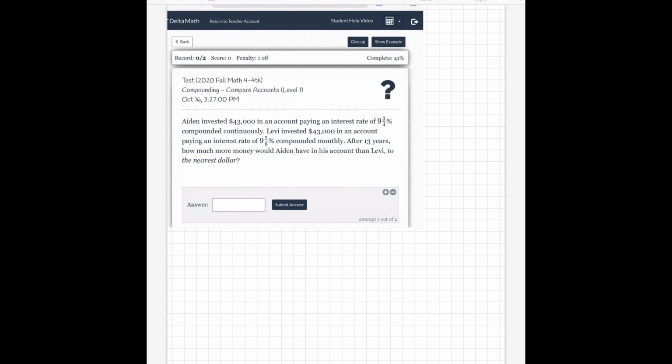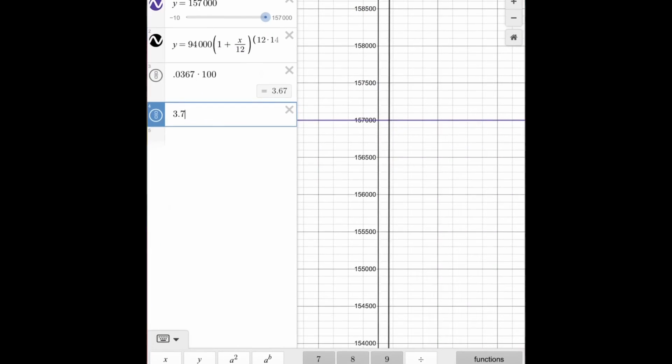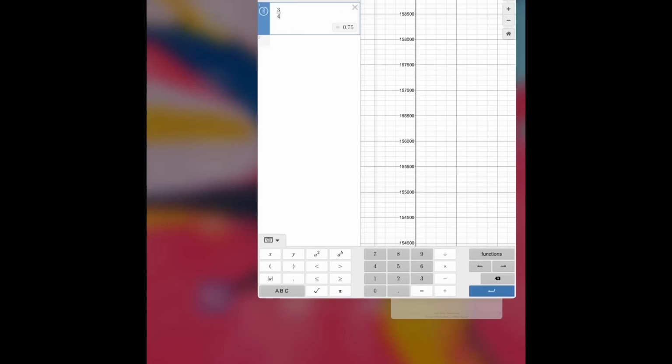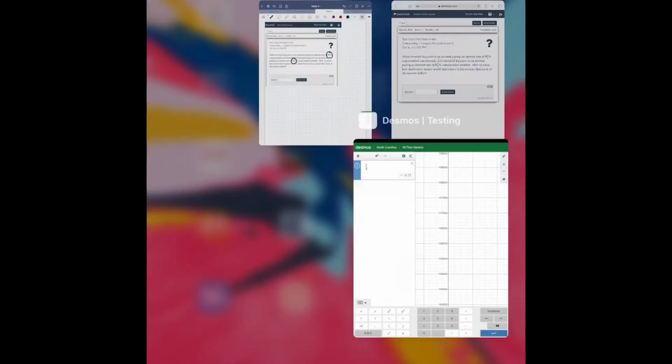All right, so for this particular problem, it's asking you to compare two types of equations. One of the suggestions I made when I'm looking at these is, for some reason, they're weirdly formatted as a mixed fraction. Mixed fractions are not going to work for us. So if I have 3/4 and I divide them, it's going to give me that decimal, 0.75.